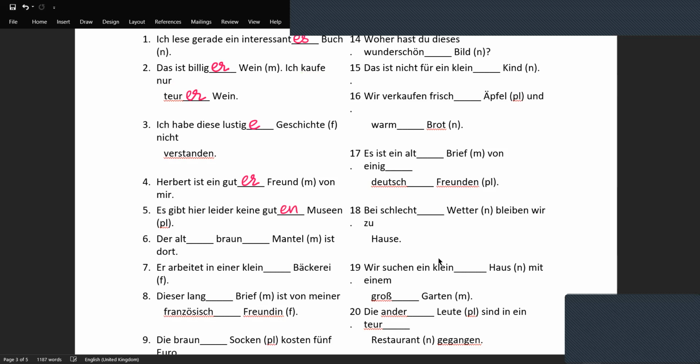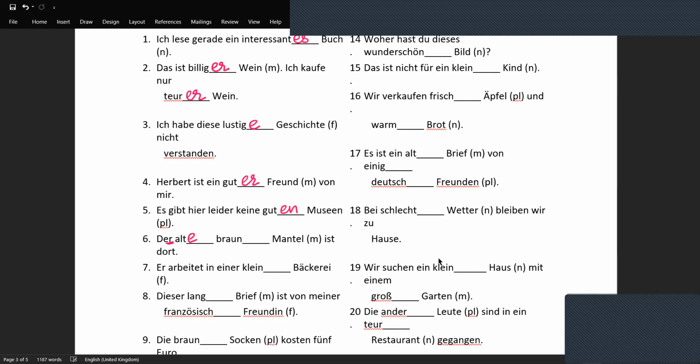There are masculine. There is the case and the gender of the noun, right?